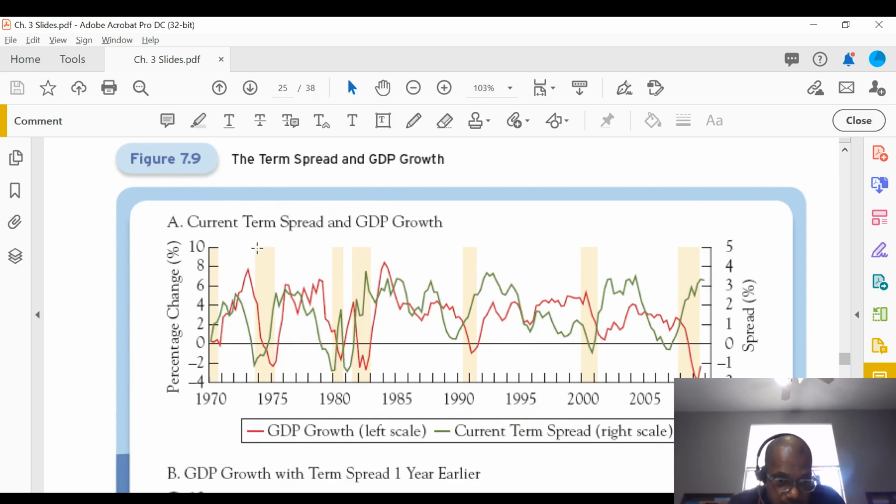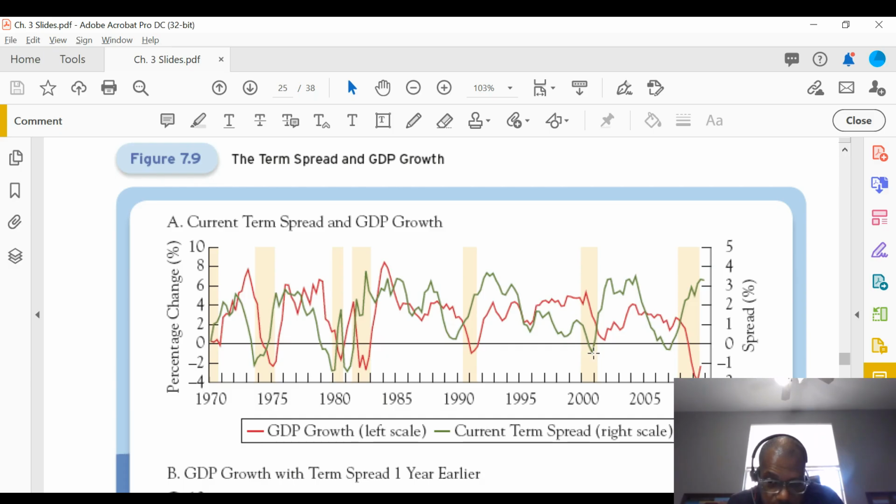And notice the brownish blocks are recessions, right? And what did you notice, right? There's an inversion here, recession. Inversion, recession, right? It came back up. There was another inversion, recession, right? Only in 92 did we have a downturn without a recession, right?